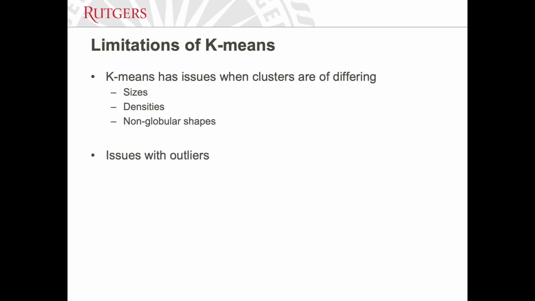K-means is simple and can be used for a wide variety of data types. It's quite efficient and less susceptible to initialization problems. However, it and its variations have a number of limitations with respect to finding different types of clusters. So k-means is not suitable for all types of data.